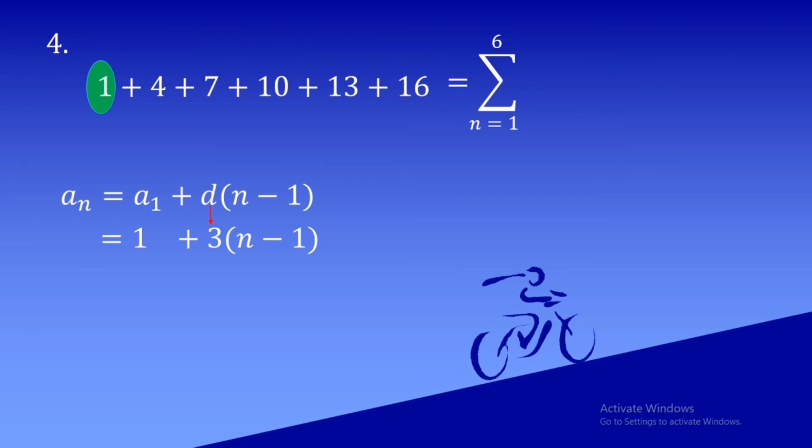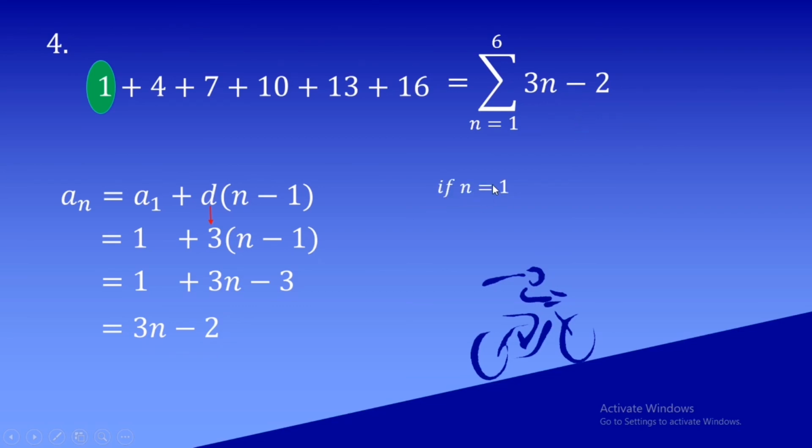Then simplify for the formula of the terms. So 1 plus 3 times n is 3n. Then 3 times negative 1, that is negative 3. Then copy 3n, then 1 minus 3 is negative 2. So the formula of the term is 3n minus 2. Then the summation is 3n minus 2.